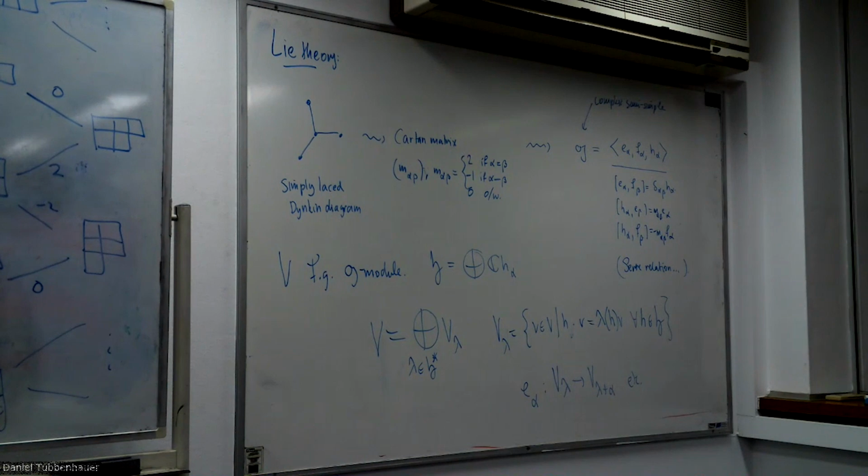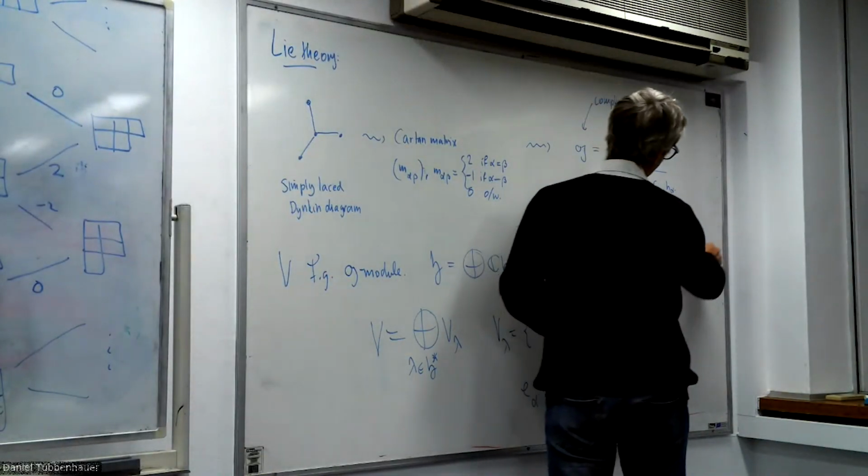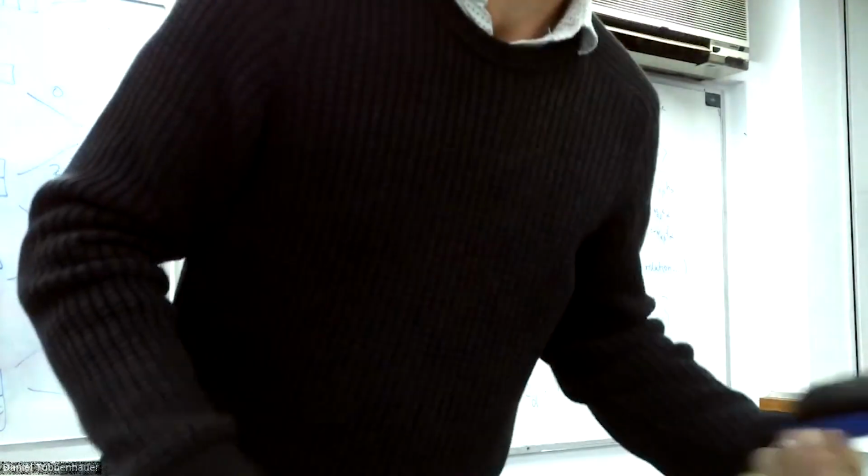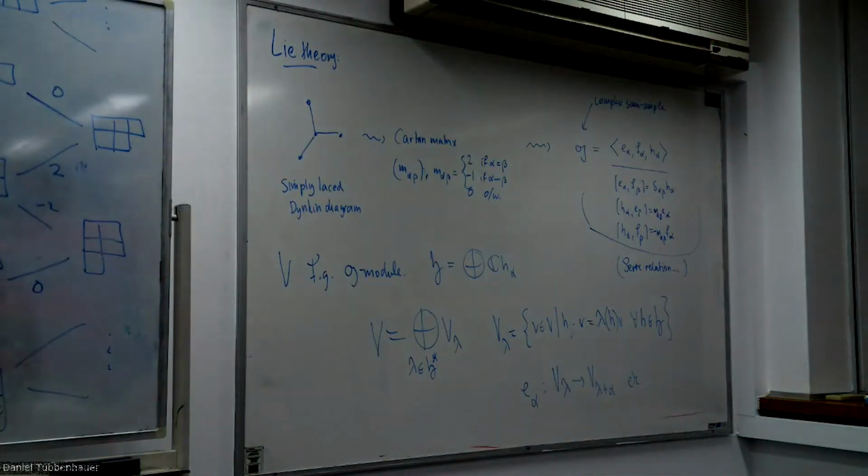Yeah, you're right, exactly. I also need that E alpha commutes with F beta when alpha and beta are not equal. It's not quite SL2, it's a bit more. Yeah, that's true. Good point. Is that still true? I think so, in finite dimensions. Not sure, but I think that's right.